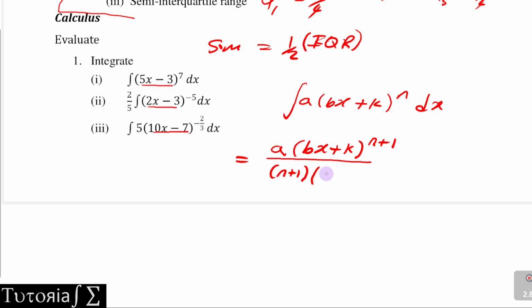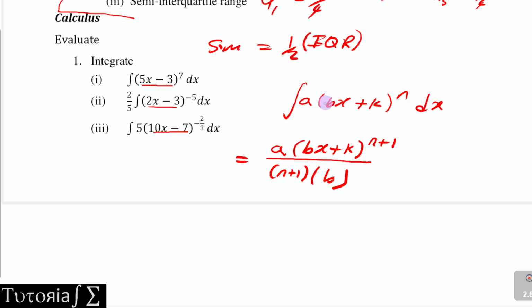That is bx plus k, which is just b. So if it is linear, it will just be b right here. That is how you integrate.